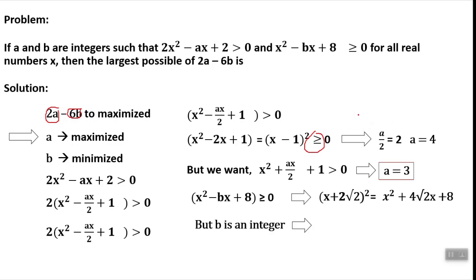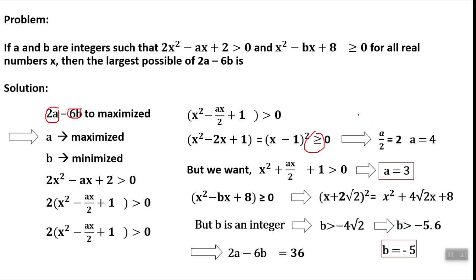Now that means b is equal to negative 4 root 2. But we want b to be the maximum negative value. So b must be greater than negative 5.6. Maximum value of b can be only negative 5. And the expression then 2a minus 6b is 2 times 3 minus 6 times minus 5, which is 36.